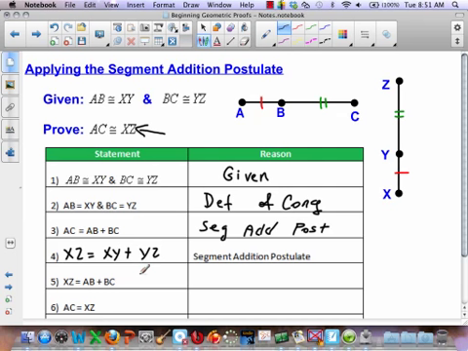Now take a look at line 5. What's going on? What's changing? What's really happening on line 5? Let's look at this from this perspective.